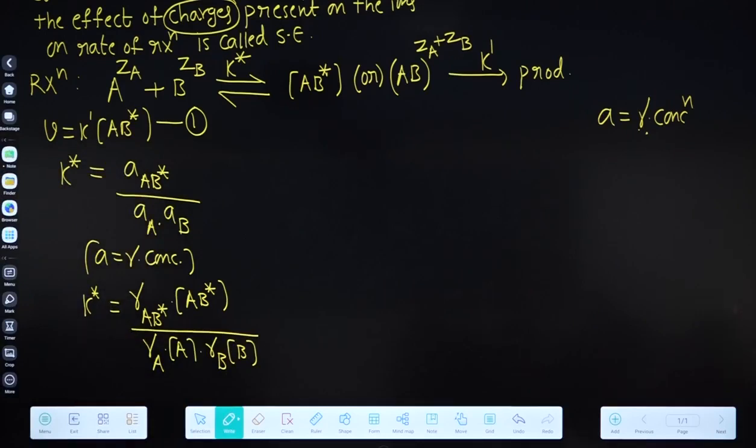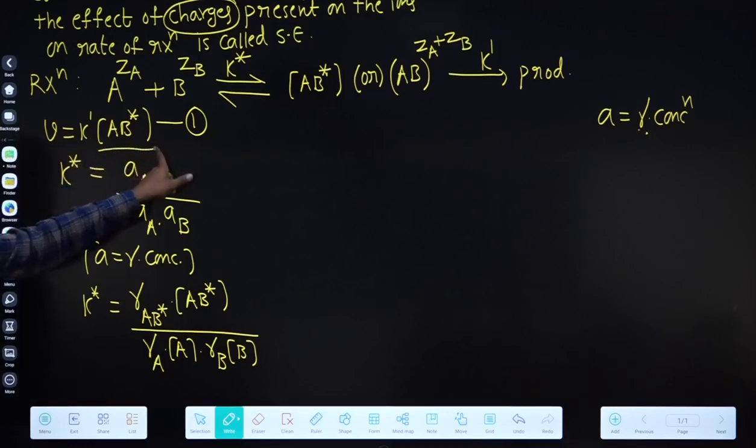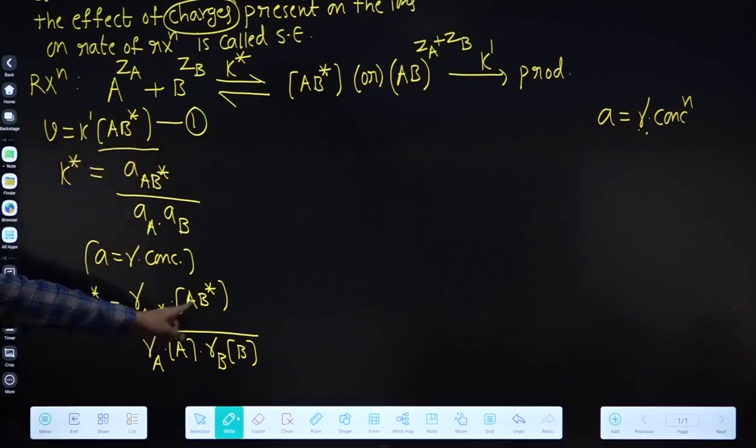Okay, so in equation 1, to give the rate equation we need what? Concentration of AB star. So take the expression for concentration of AB star.